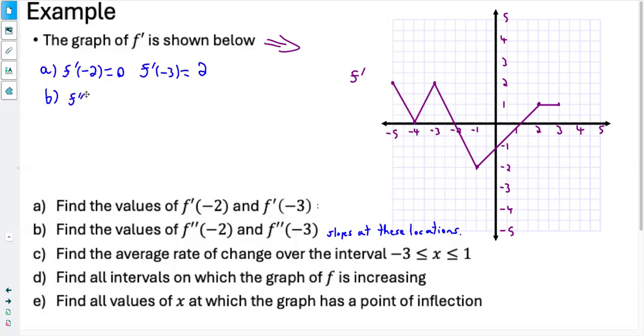So f double prime of negative 2, if we look at our slope at negative 2, we can see that we're on a linear line, so we can just take our slope here.